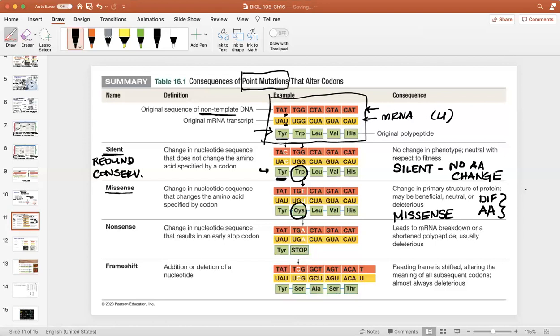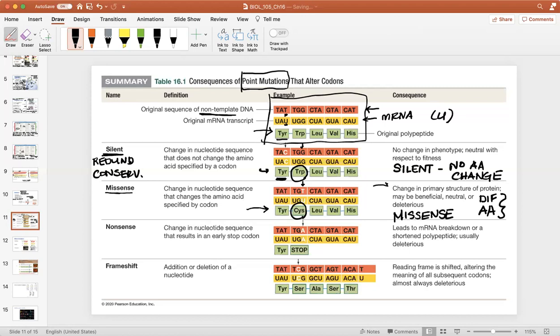It depends on the protein, because if this amino acid is chemically similar to this one, with similar positives and negatives, the change in the overall protein function might not be that great. Or the change could be really large. If this is a positive amino acid and this is a negative amino acid, it could really make a difference in the function of this particular protein.